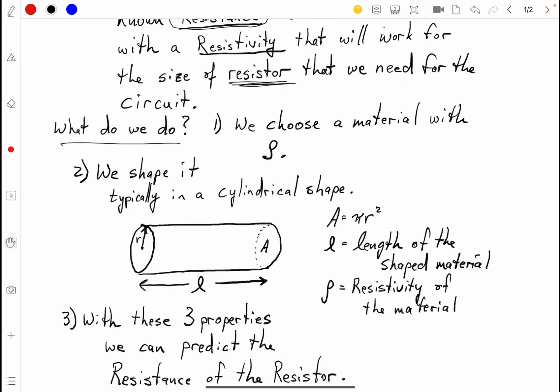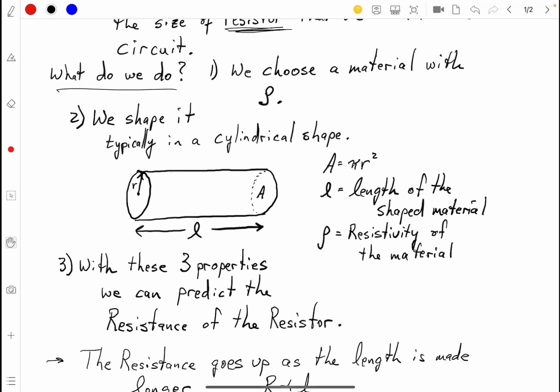So we choose a material with a certain rho, and then we shape it. Most often, we shape it in a cylindrical shape. You've seen on your circuit boards, your resistor comes out of the board and it has some shape like this, and then it goes back into the board, and this is copper.